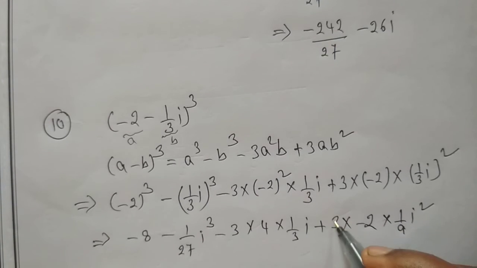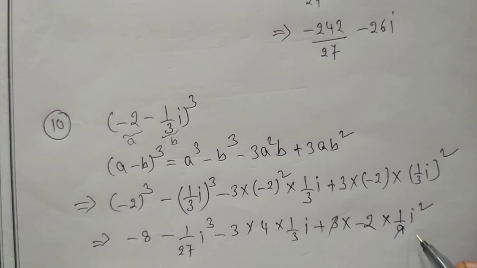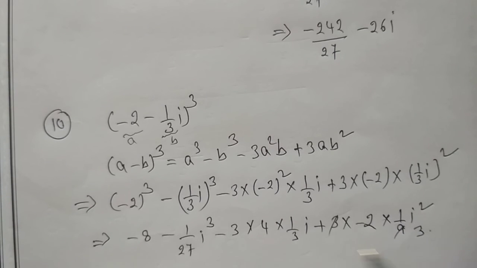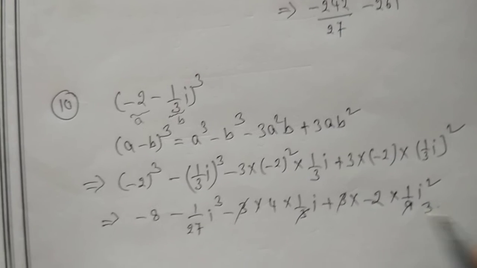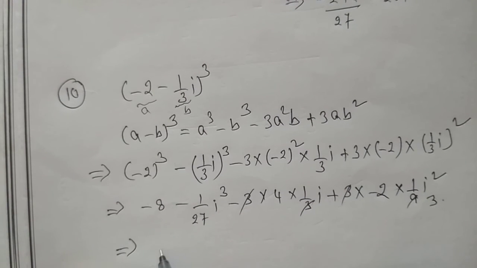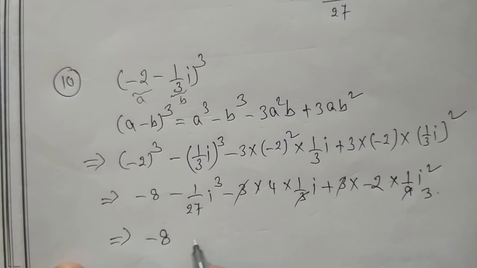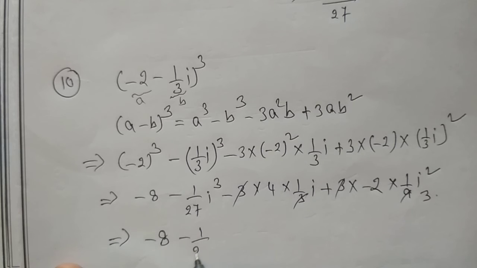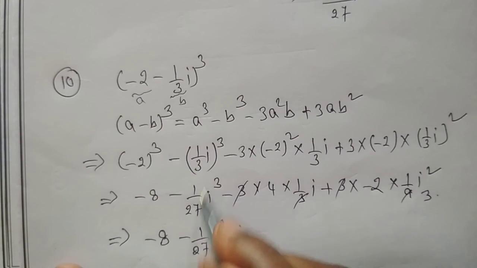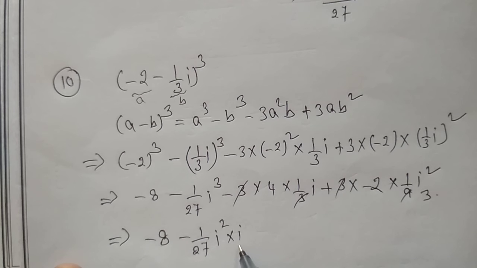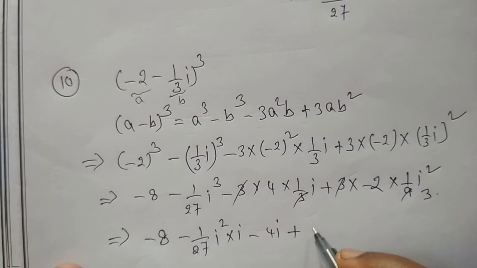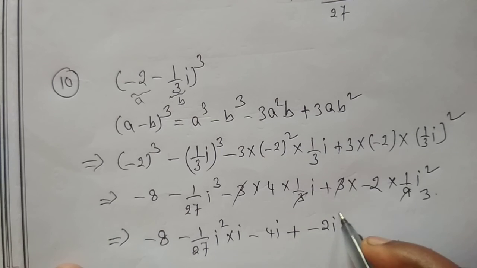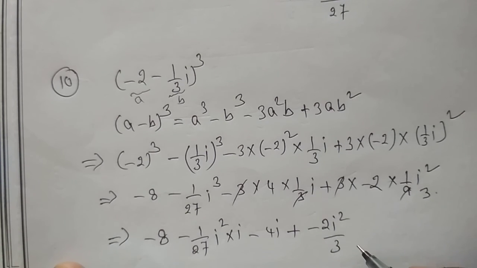Here 3 times 9, 3 cancels, and here 3 cancels. So the remaining values are minus 8 minus 1 by 27i square into i. Here i cube we can write i square into i, minus 4i plus minus 2i square by 3.